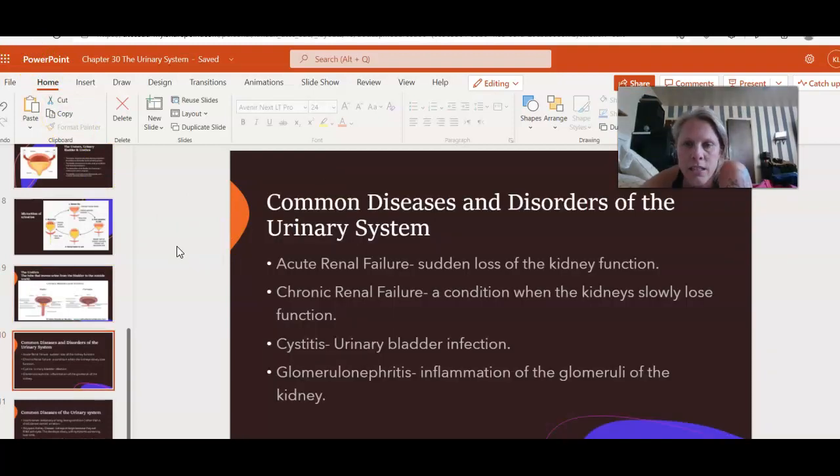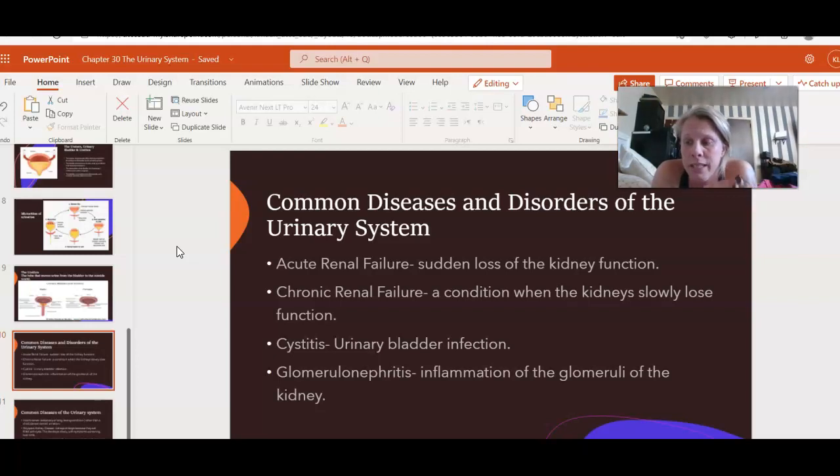Now, common diseases and disorders of the urinary system. You have acute renal failure, which is a sudden loss of kidney function. Some of the causes can be burns, dehydration, allergic reactions, obstruction of the renal artery, alcohol abuse, trauma to the kidneys, some kind of blood disorder, or in males an enlarged prostate.